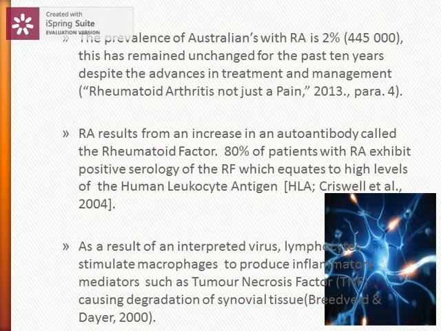They have a positive serology of this rheumatoid factor, which is tested as the human leukocyte antigen, HLA. As a result of an interpreted virus, lymphocytes stimulate macrophages to produce inflammatory mediators such as the tumor necrosis factor, causing degradation of the synovial fluid.